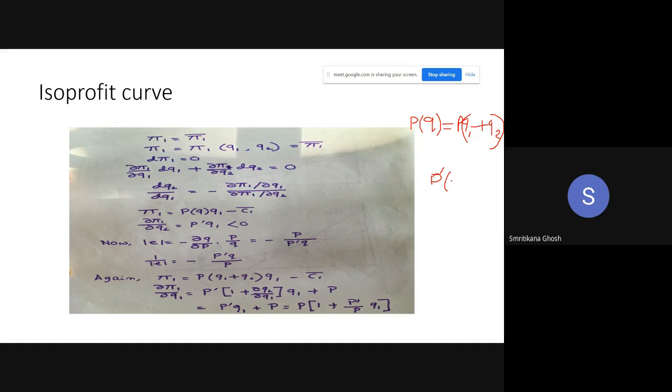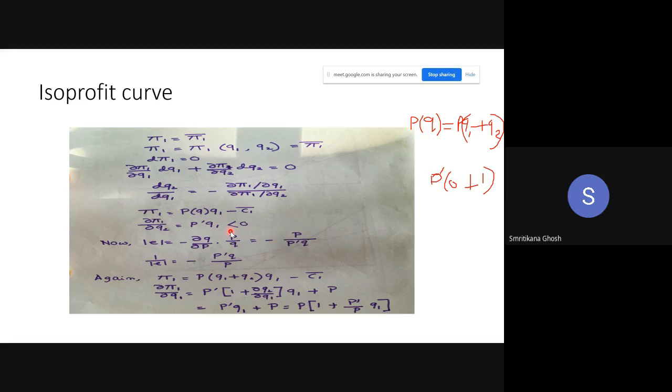So that will be 0 plus 1, and the bracket closed, into Q1, because that Q1 is there. And when you differentiate the next part, the P function of Q into del Q1 del Q2, it will be again 0. And that C1 bar, the differentiation will be 0. So finally, what you have, P prime Q1.